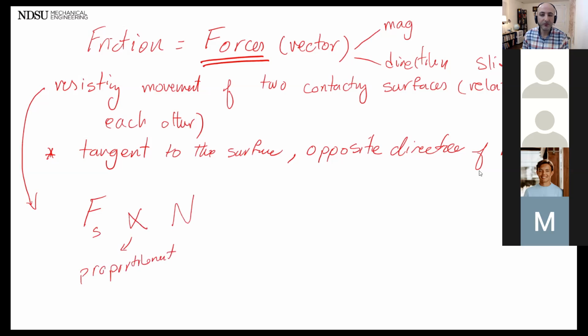Normal force is the force that is pushing those two surfaces together. All right. Any questions so far? So it's a force. It has a magnitude, and the direction of it is tangent and opposite the direction of the movement. Okay. Is it clear so far?